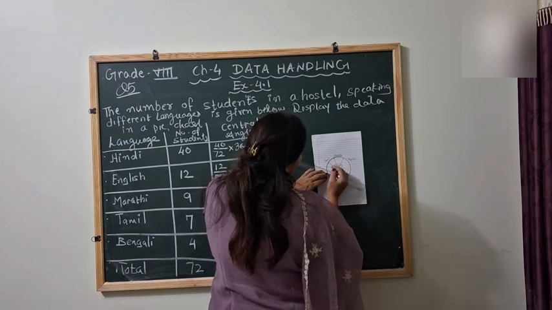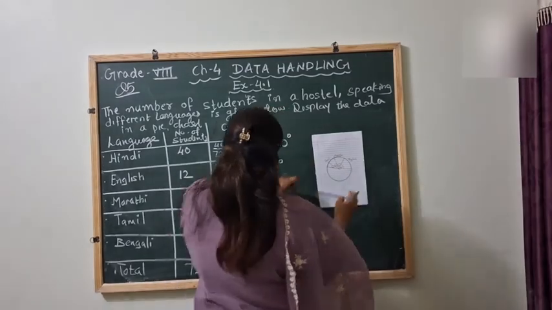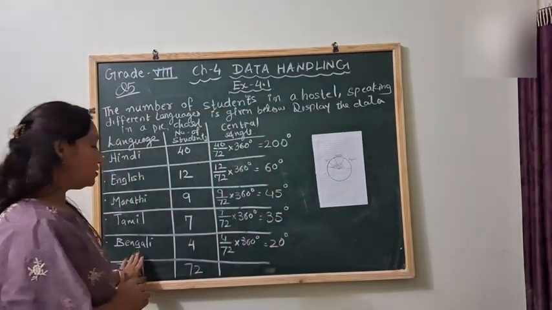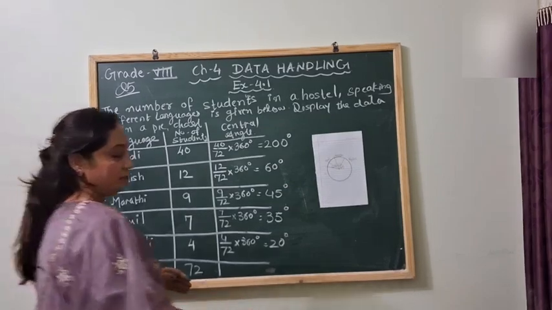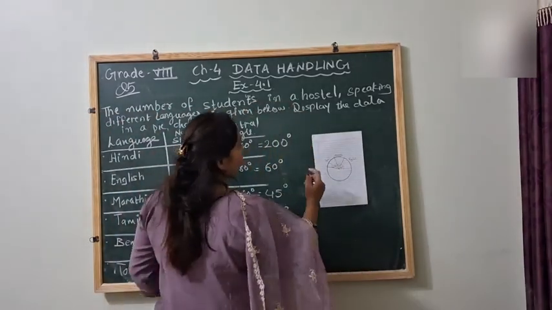Which language is this, students? 20 degrees is which language? It is showing Bengali. So here you can write Bengali.